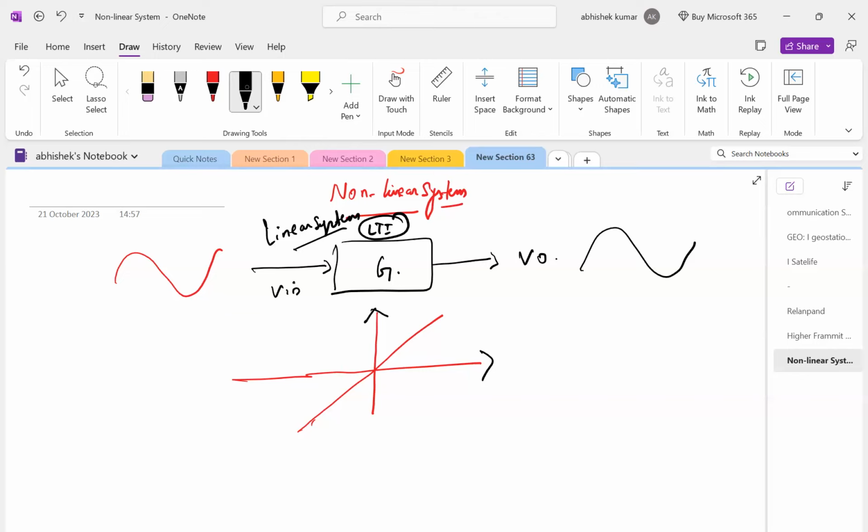There are many parameters that judge the non-linearity, like 1 dB compression point, 3 dB intercept point, intermodulation products, over modulation. There are many things that judge the non-linearity of a system.